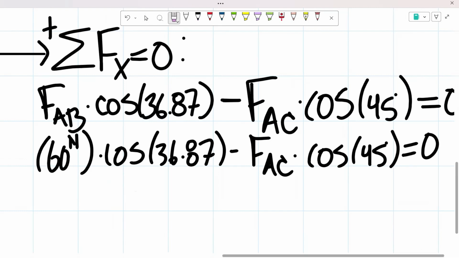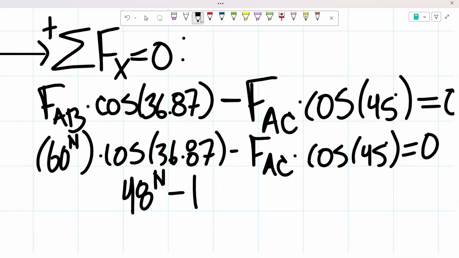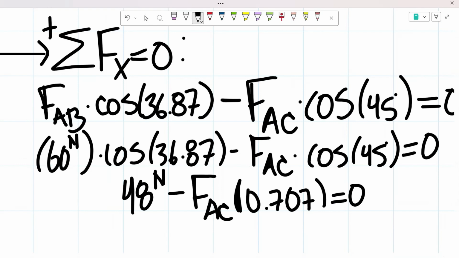So in a way that just equals 48 newtons minus the force of the spring AC times cosine of 45. That is equal to 0.707. And that has to equal 0.